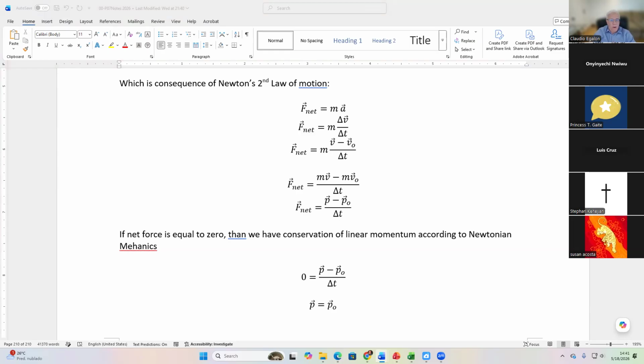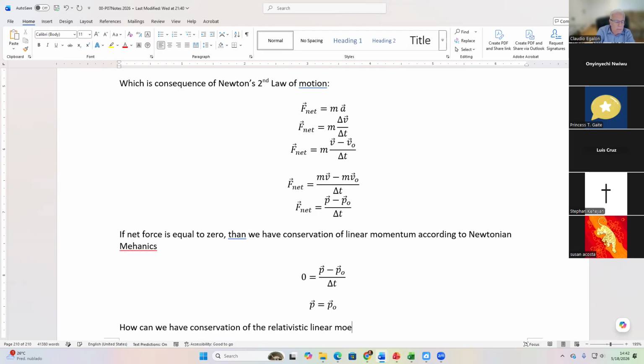So the question that came to Einstein was: how can we have conservation of relativistic linear momentum?